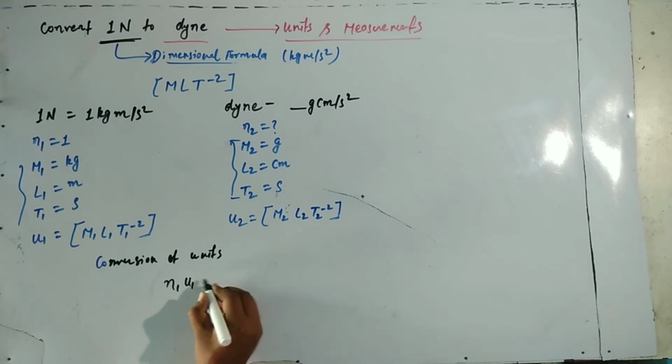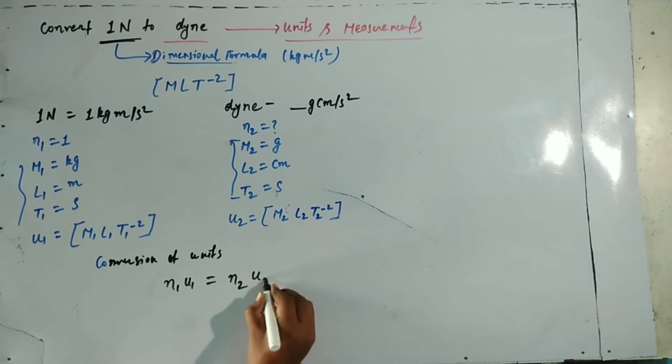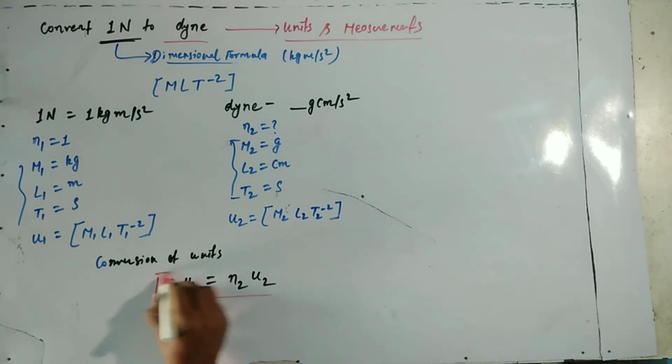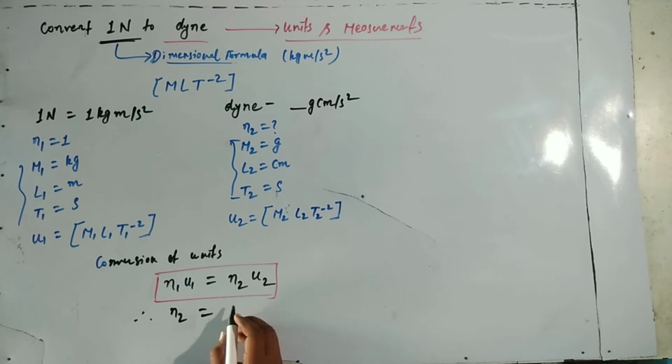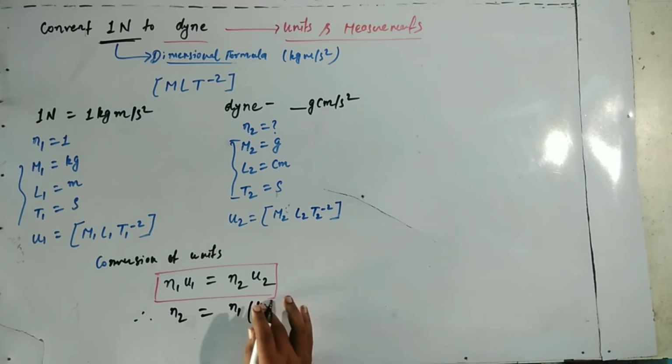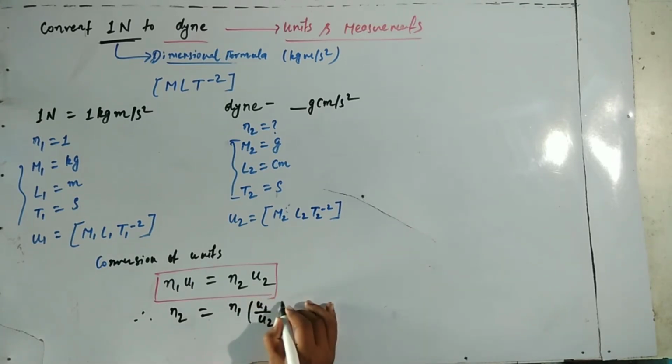We already found N1, U1 and U2, so we put these values in this equation to find N2. N1 U1 equals N2 U2. Therefore N2 equals N1 into U1 by U2.